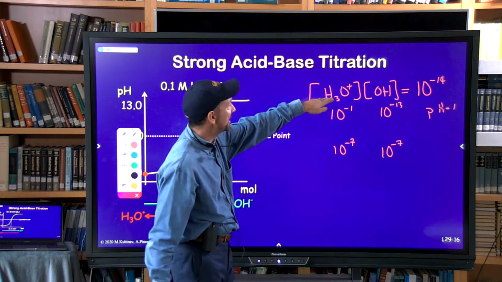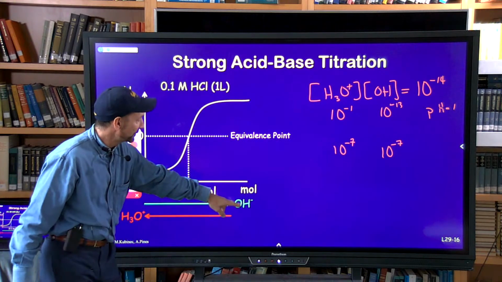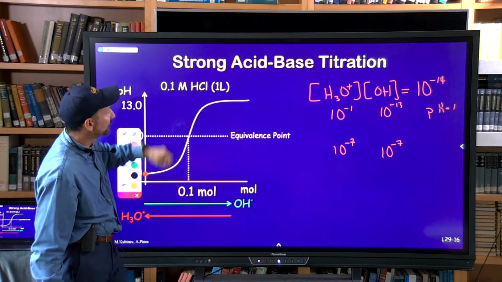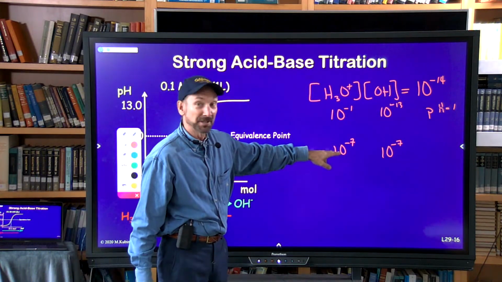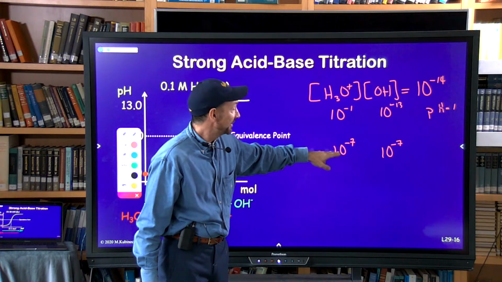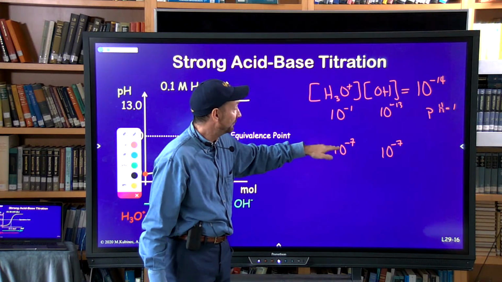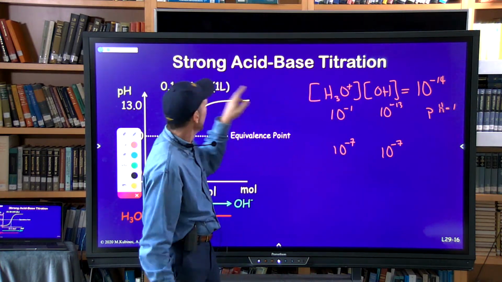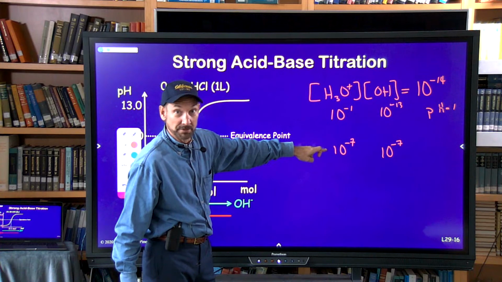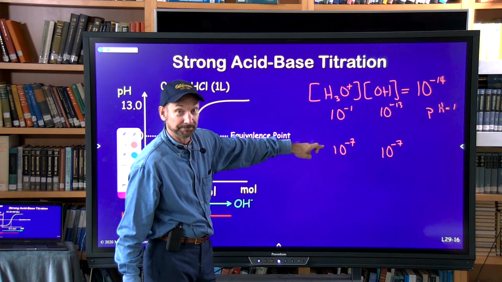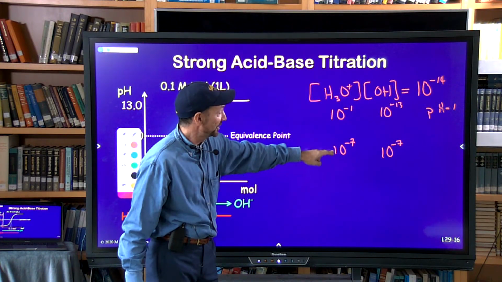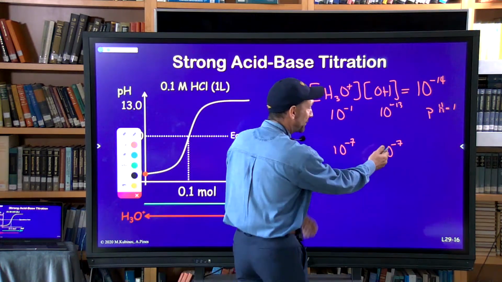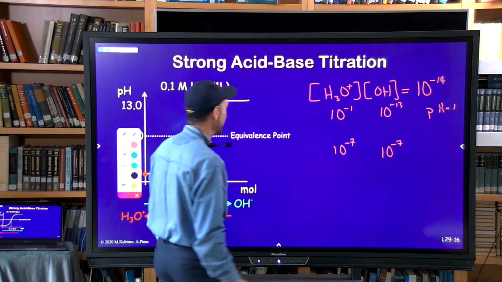So you can add those guys, use up all of those, but you can't make the concentration go less than 10 to the minus 7 until you add excess. So when you get equal, this doesn't go to 0, it goes to 10 to the minus 7, because the product always has to equal 10 to the minus 14.